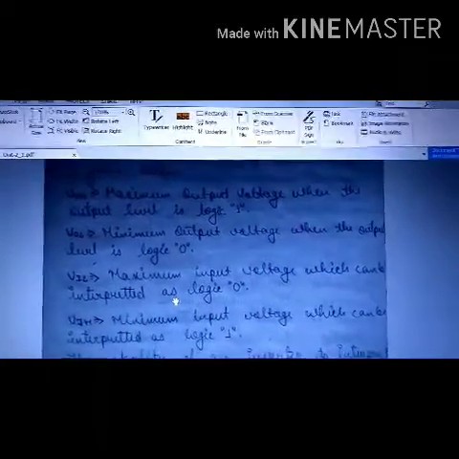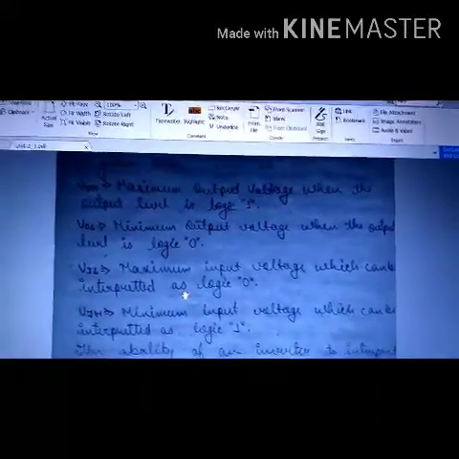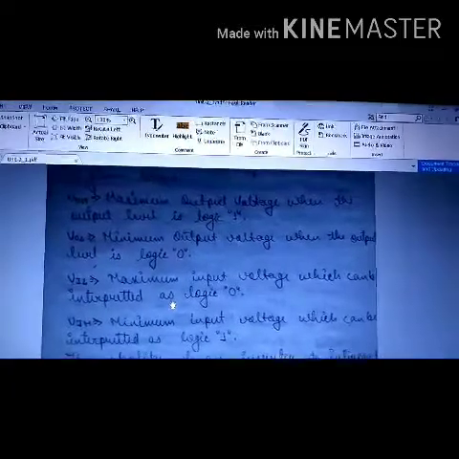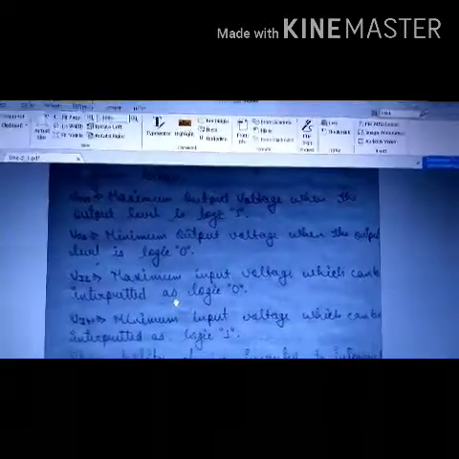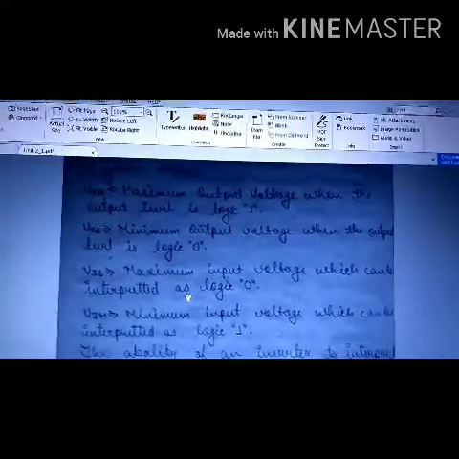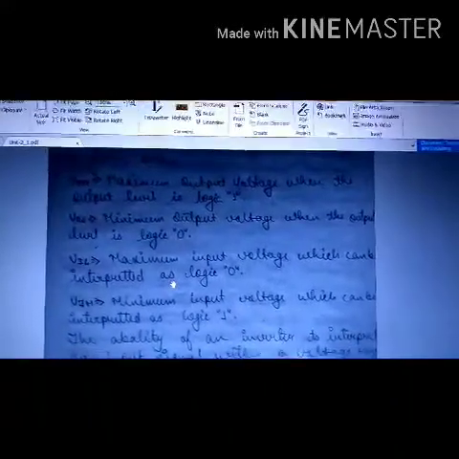Similarly, the second is VOL. It is the minimum output voltage when the output level is logic 0. So if the output is logic 0, the voltage at this time is represented by VOL. Now comes the important term VIL. VIL is the maximum input voltage which can be interpreted as logic 0.